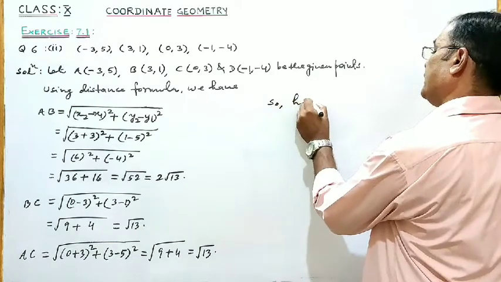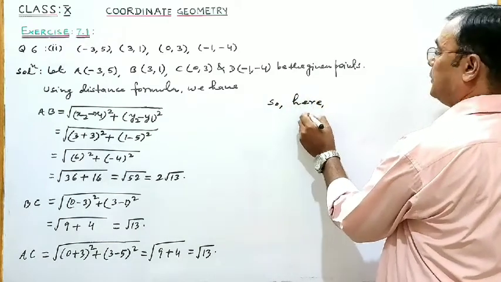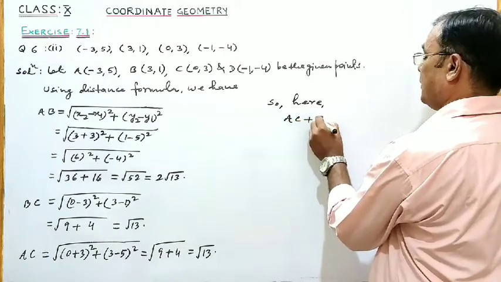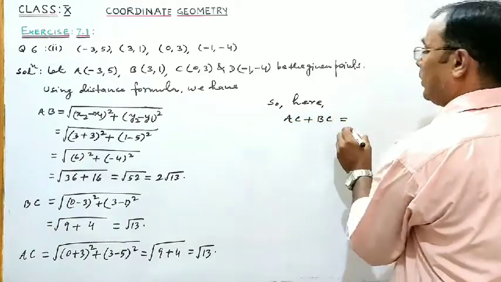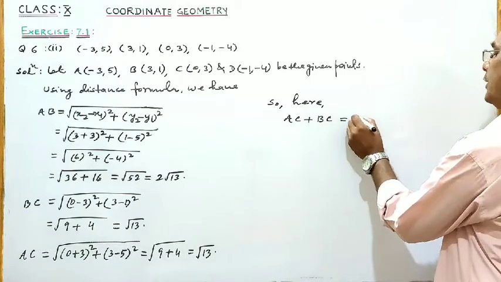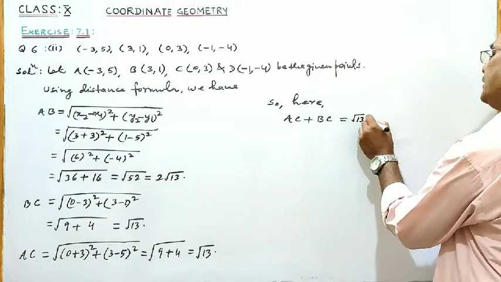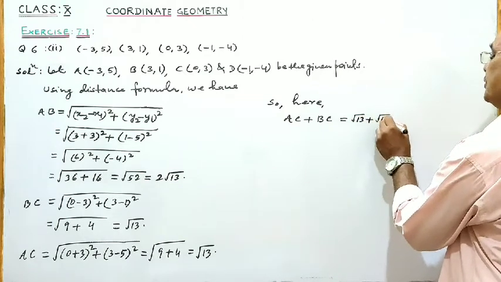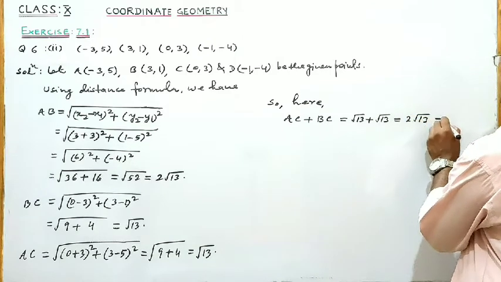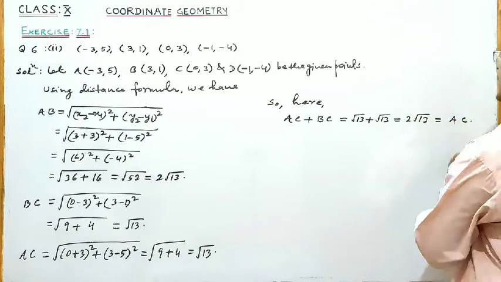So here AC plus BC is equal to under root 13 plus under root 13, which is equal to 2 under root 13, which is equal to AB.